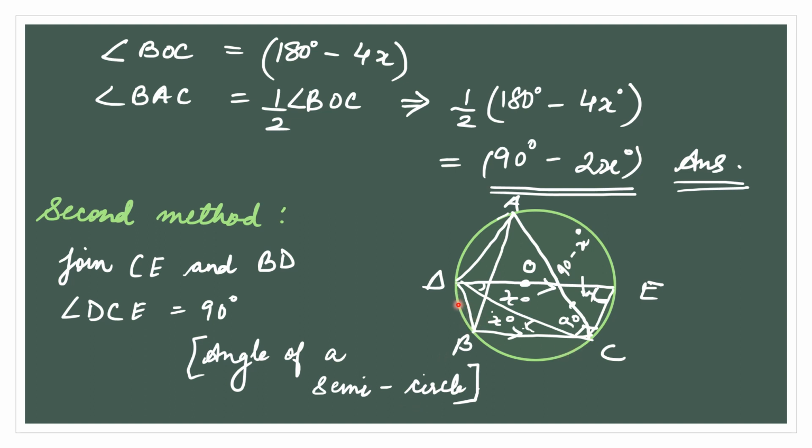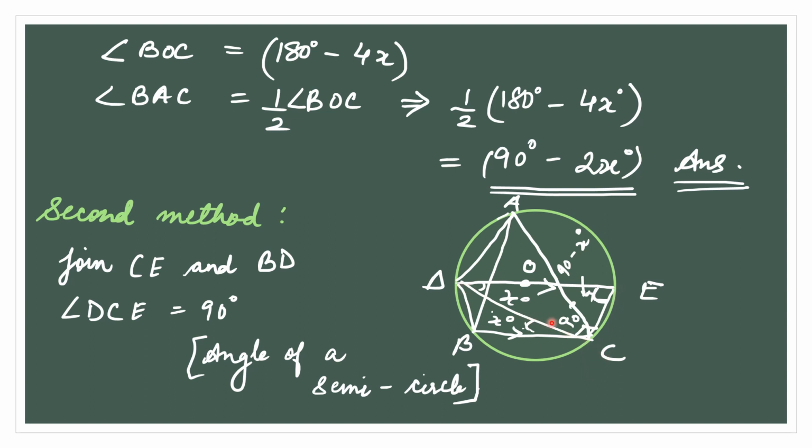So children, what is the value of BCE? Here this angle is in a semicircle. DE is the diameter and DCE is the angle formed by a diameter, so it is equal to 90 degree. Now see triangle DCE.